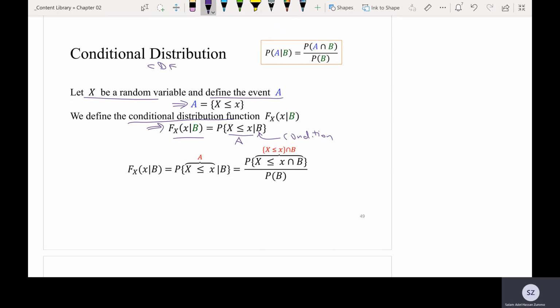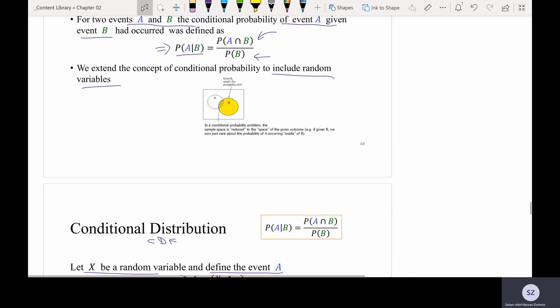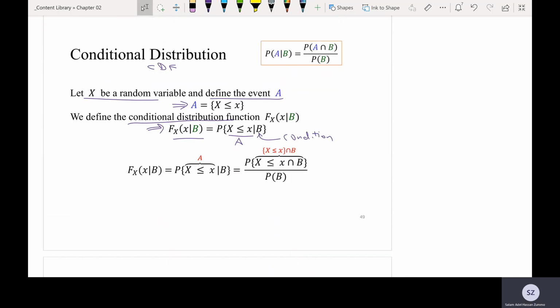So following the same definition, this conditional CDF will be the probability that x is less than a specific number given B, which is equal to the probability of the intersection between these two events, x less than a specific number and B, divided by the probability of B. If you take some example, however, this is basically the main concept.